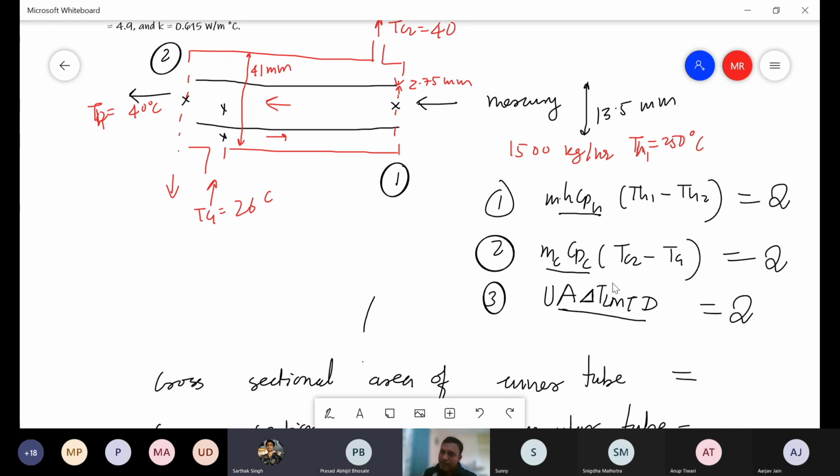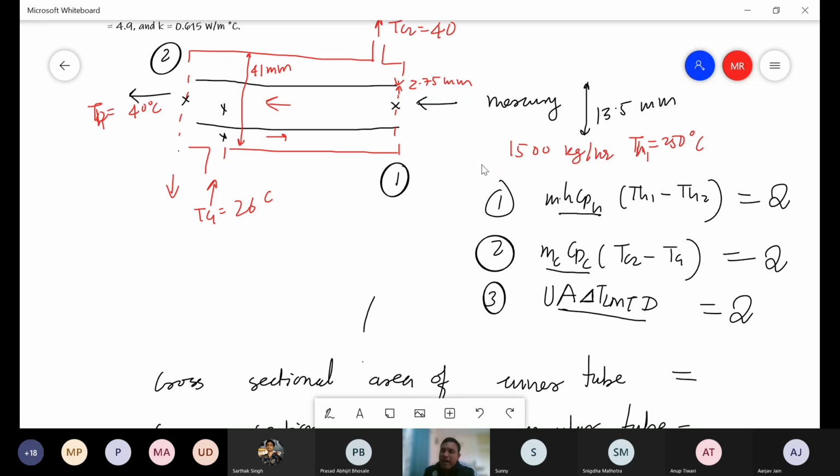Yes, sir. Okay. So now let us try to solve this problem one by one. Let's look at the sensible heat lost by the hot fluid. Why are we looking at the hot fluid? Because for the hot fluid, the inlet temperature as well as the outlet temperature are both given, isn't it? The inlet temperature is 250, the outlet temperature is 40, and also the mass flow rate is given.